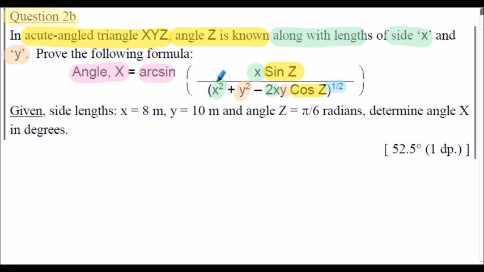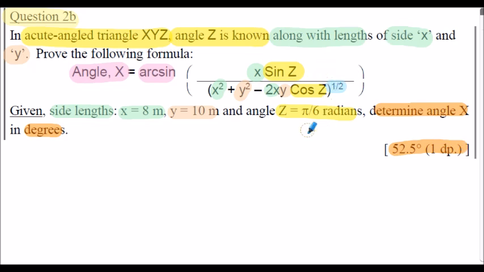Once we prove this formula, we're given the numerical values of side length x, y and angle z in radians. We're asked to determine angle x, stating the answer in degrees. Answer shown here in the bracket.